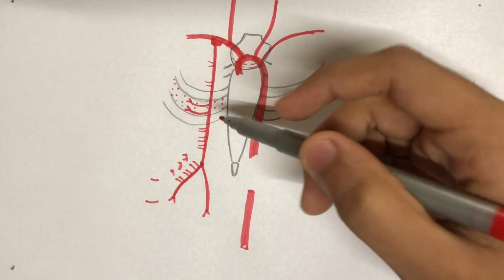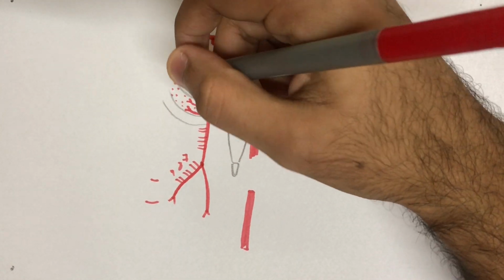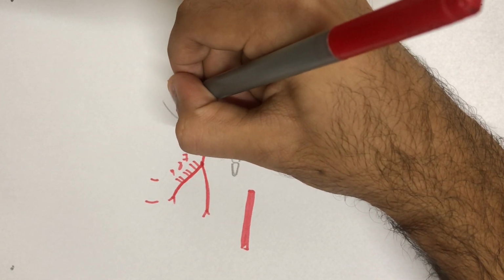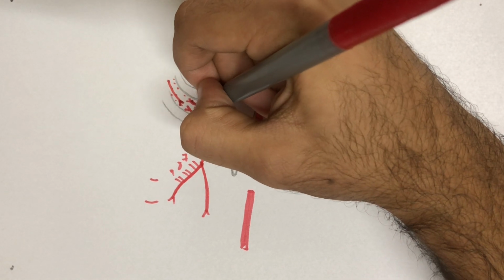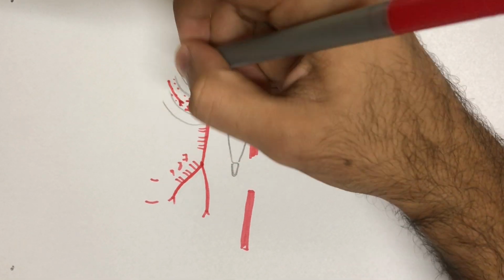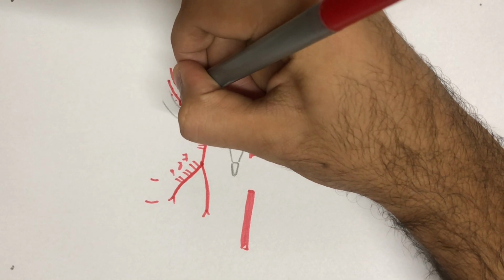In the intercostal space, the lower anterior intercostal artery anastomoses with the collateral branch of posterior intercostal artery, while the superior anterior intercostal artery will anastomose with the proper posterior intercostal artery.